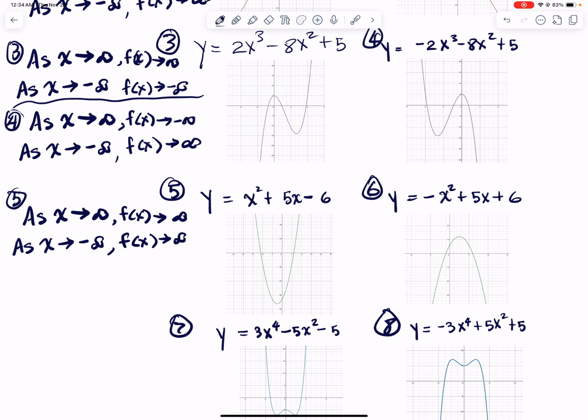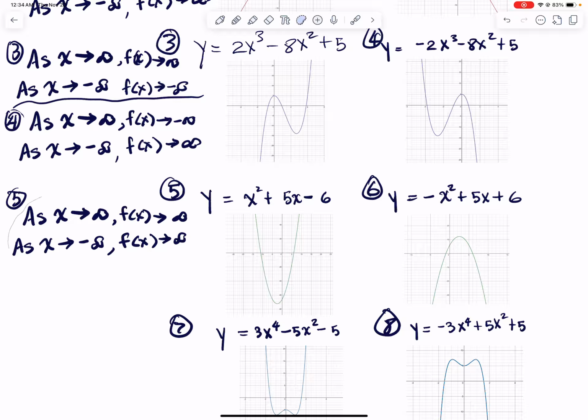So the difference here is that when we have a quadratic, f of x is always going to approach positive infinity on the left and on the right, as long as that leading term is positive. All right, so let's keep going.